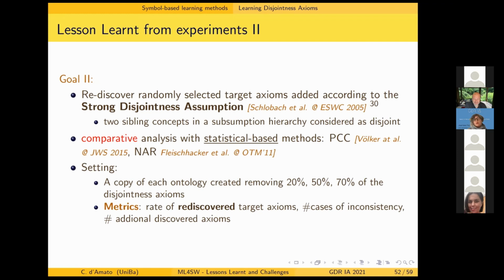Then we removed the 20%, the 50%, the 70% of the axioms, and we measured the rate of rediscovered target axioms, the cases of inconsistencies that could be generated by the methods, and also the number of additional discovered axioms.